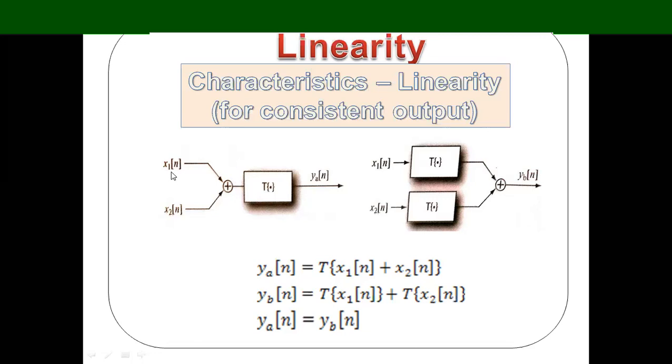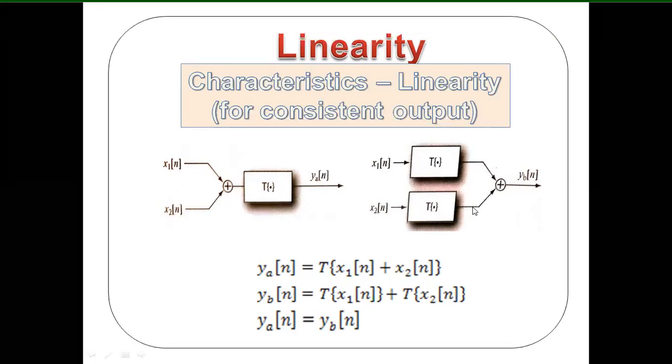We add the inputs together, and the added input becomes the input to the system, and you get the first output. In the second method, we excite the system with each input separately. So we have the output of the system due to x1[n], and the output of the system due to x2[n], and we add them together, and we have the second output.